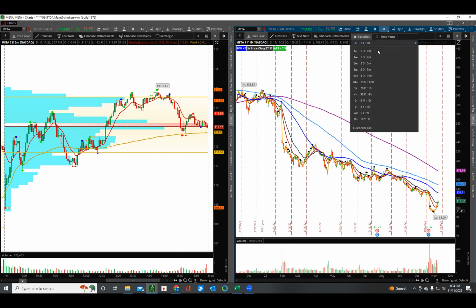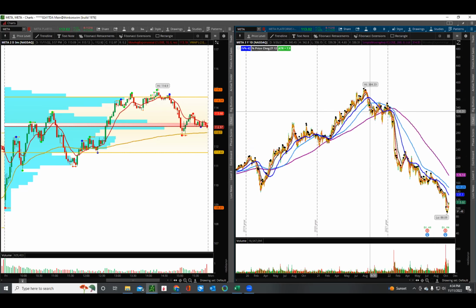If you zoom out a little bit here and take a look at this now in the 3-year, you can clearly see that when the 200, the 100, and the 50 were sloping up, we were in a bullish trend.